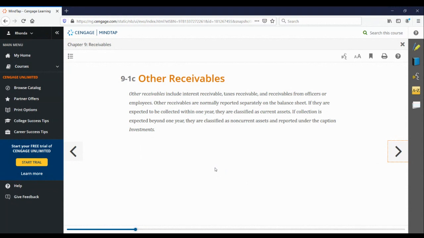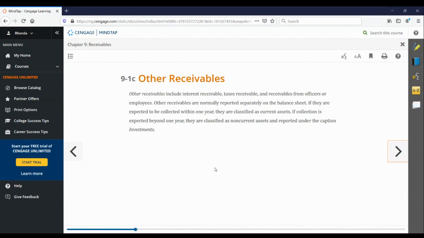We'll want to determine how much of the interest is receivable during the period of time that it has accrued in. And so interest receivable is another type of receivable that we may talk about in this chapter.